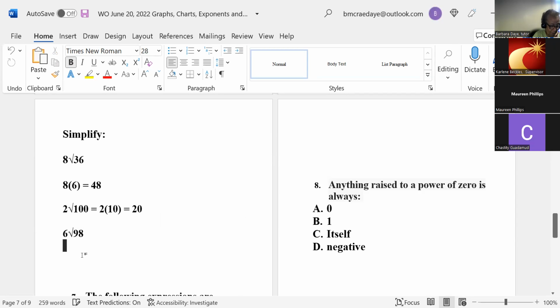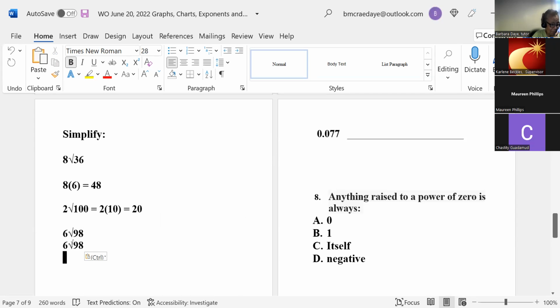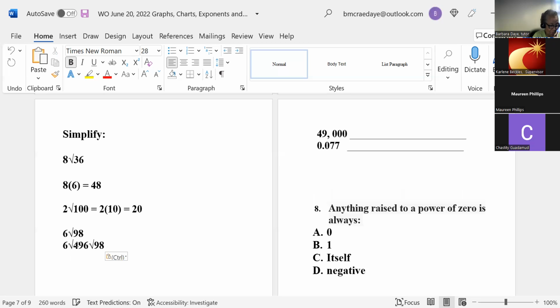And the 98 factors into square root of 49 that you said, and this is also a square root of 2, right? So that's the way it will look: square root of 98 factors into square root of 49 times square root of 2.